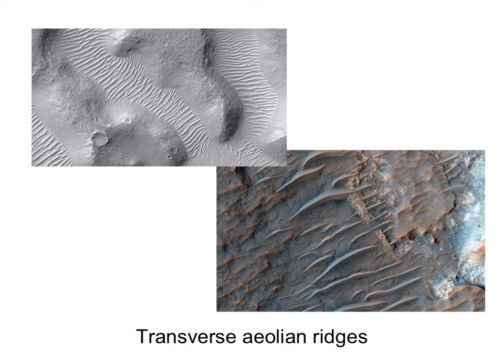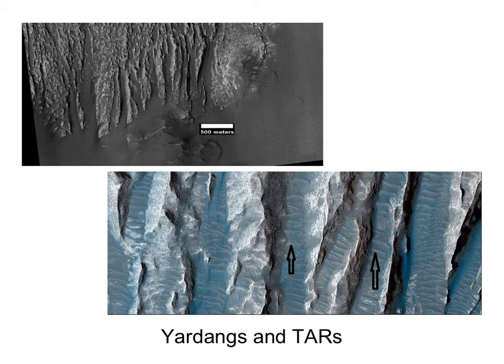And many of these are not moving, although some of them may be. Here's a combination of two different kinds of wind-blown morphologies. These long linear structures that are eroded in parallel with the direction of the prevailing wind are called yardangs.